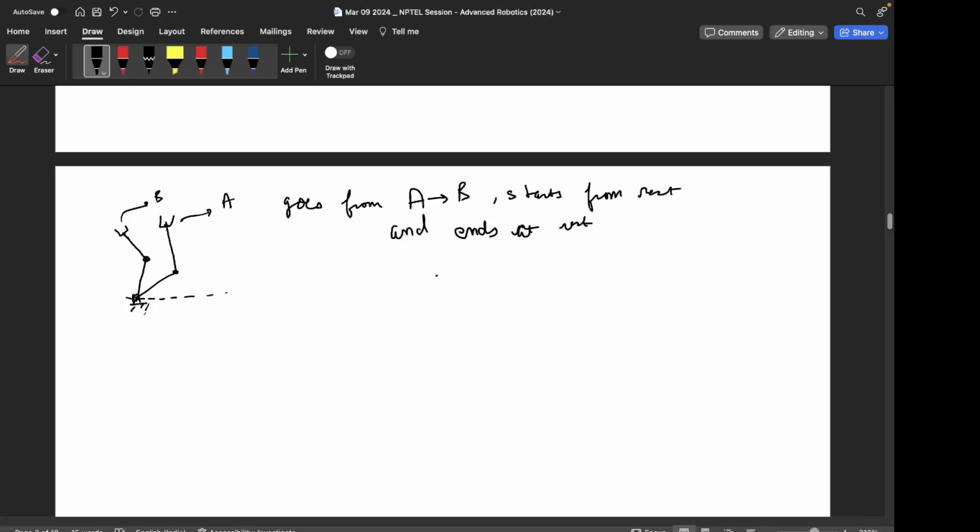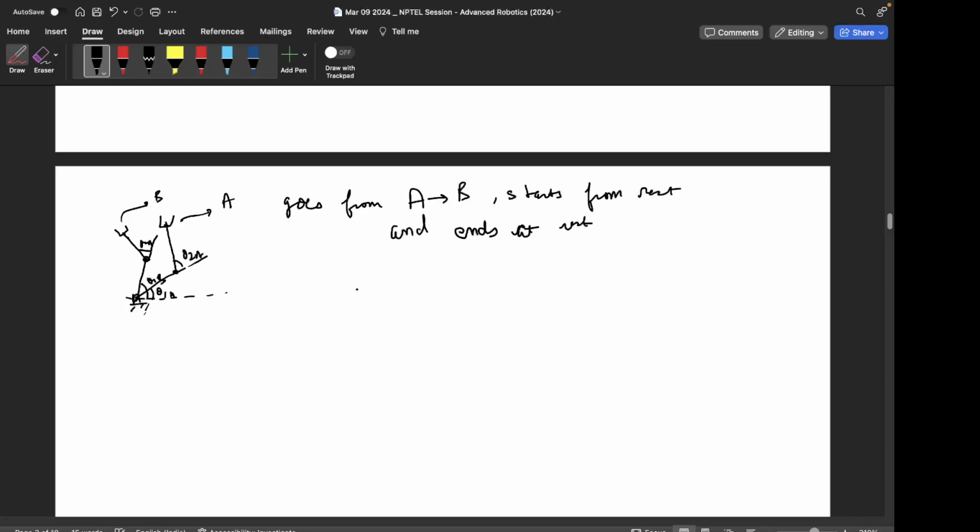What information does this give? The joint velocities and accelerations, all of them, are zero at the beginning and at the end. So this is theta 1a and this will be theta 1b. Similarly, this will be theta 2a and this will be theta 2b.